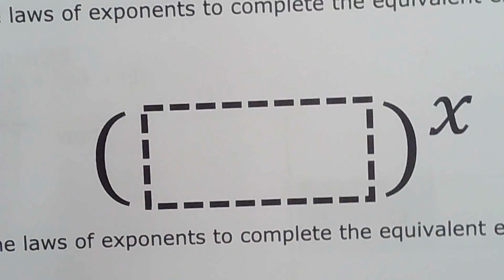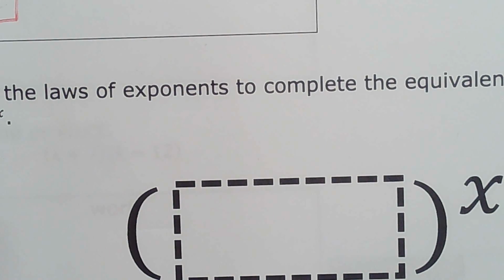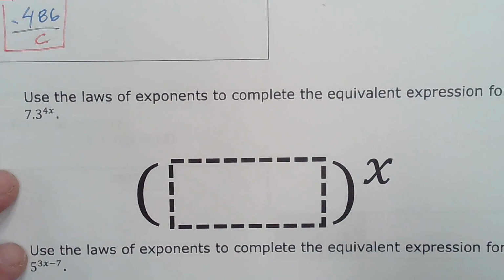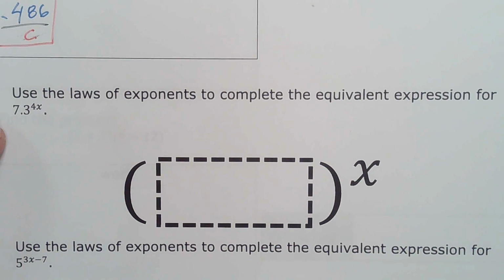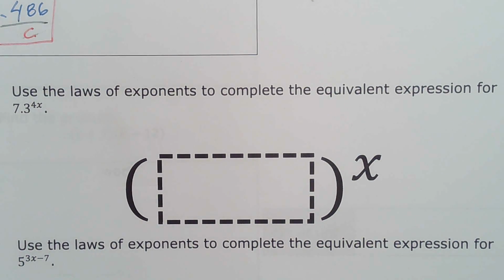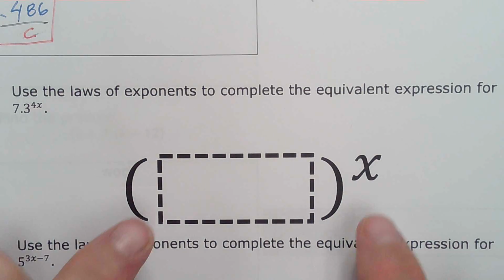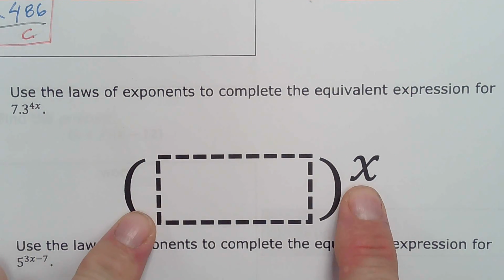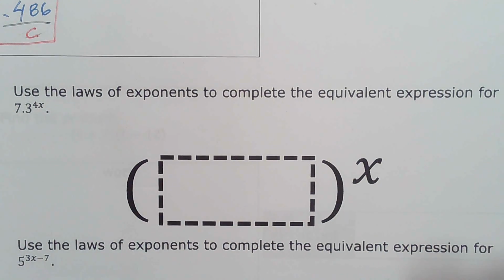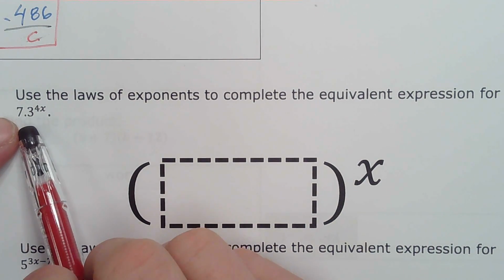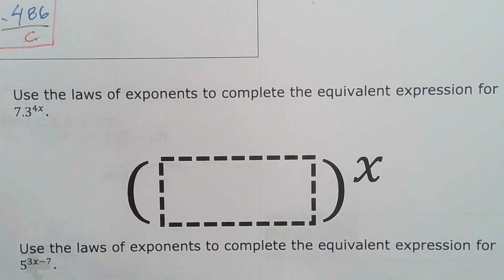All right, so here we go. Let's zoom out on this one a little bit. Okay, so using the laws of exponents, let's write an equivalent expression that has something to the x. Well, this is pretty easy. You know that 7.3 has got to be our base, right?